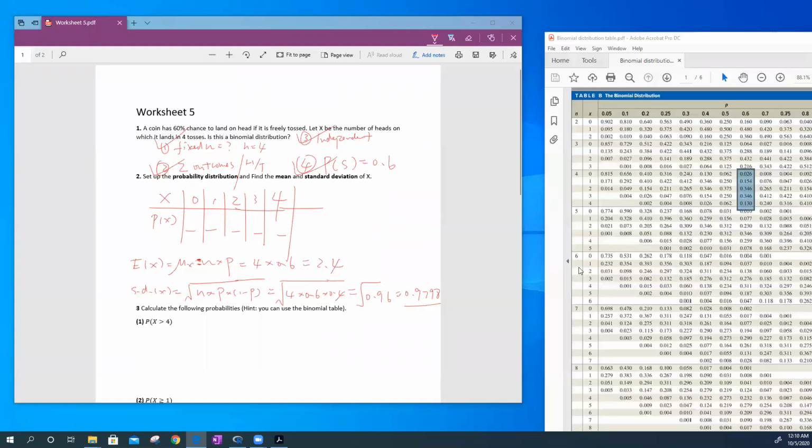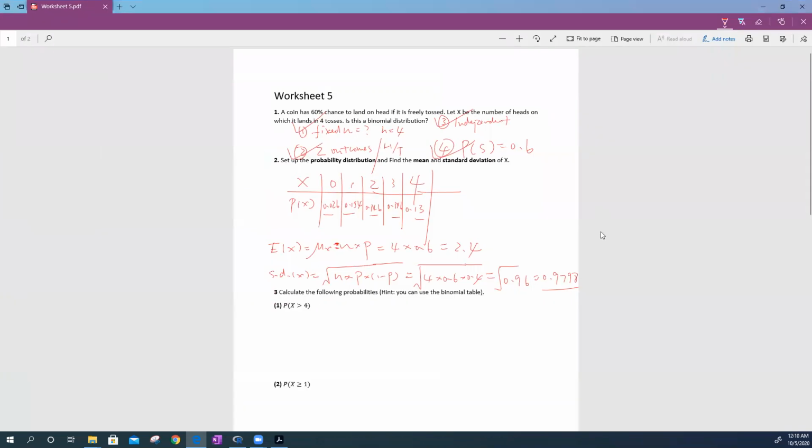So we just need to write down x can take 0, 1, 2, 3, 4. Probability is 0.6. So this is 0.026, and 0.154, 0.346, 0.346, and then 0.13. Then we got question number 2 solved.